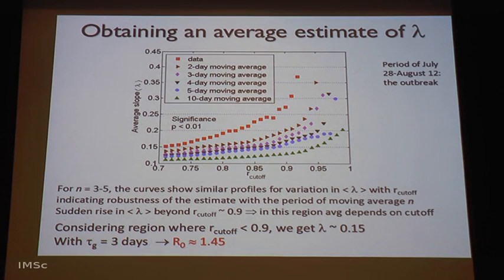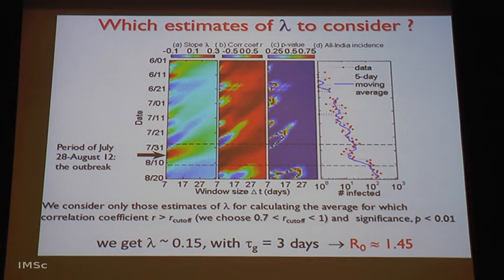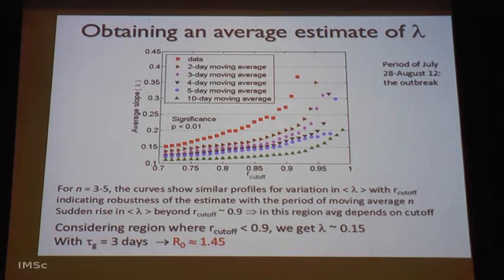And for robust estimation, we have calculated for different windows, from 2-day moving average to 10-day moving average. Here also we can see that around this R cutoff value, the 3 to 5-day moving averages merge, and after R cutoff 0.9 they diverge.